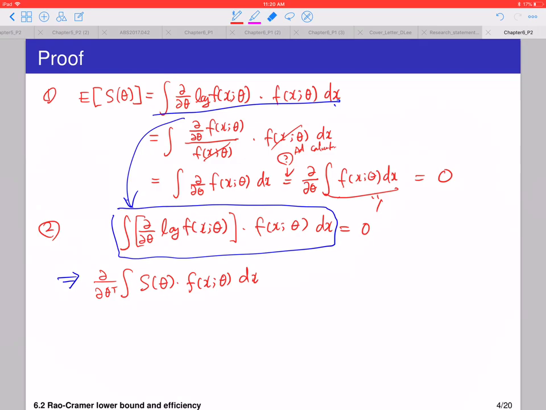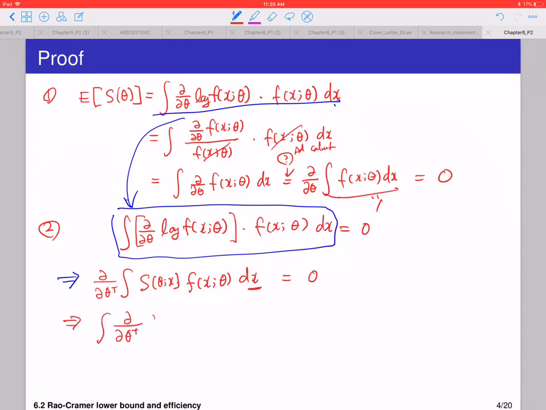By the way, depending on how you write it, you can write it this way because we are talking about integration, and S actually has x inside. Anyway, this one is 0 already. So now we are going to compute the derivative. How to do that?